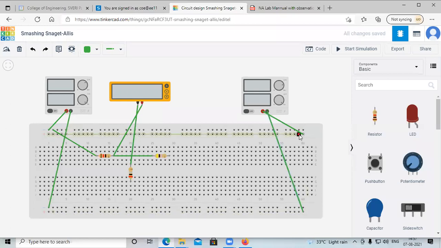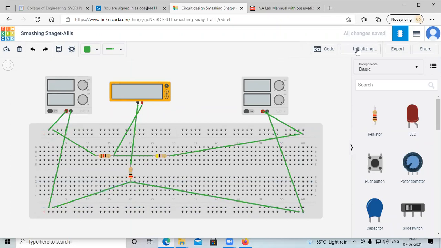Now this positive terminal is connected to this resistor, and this negative terminal is connected to the common negative terminal. Again this terminal is connected here. Okay, so this is the connection diagram.